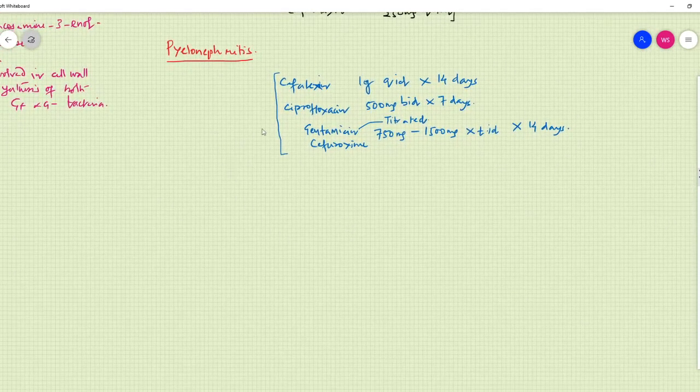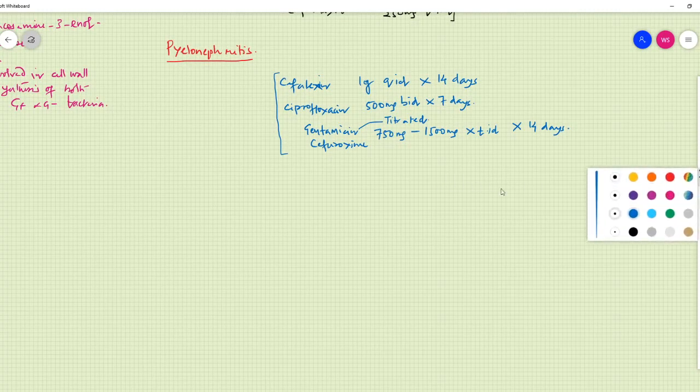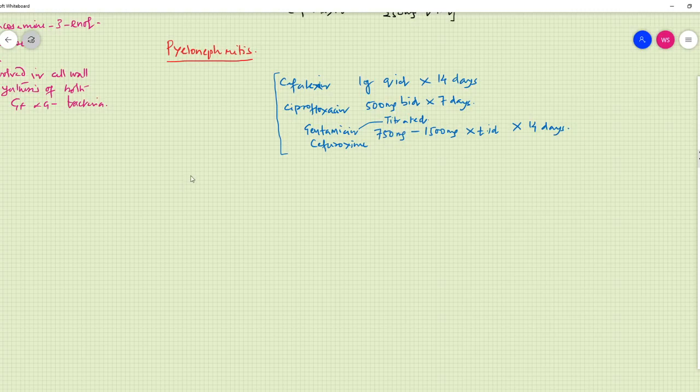Now let's look at antibiotics which are given for the males. The male infections that we're going to look at is epididymo-orchitis.